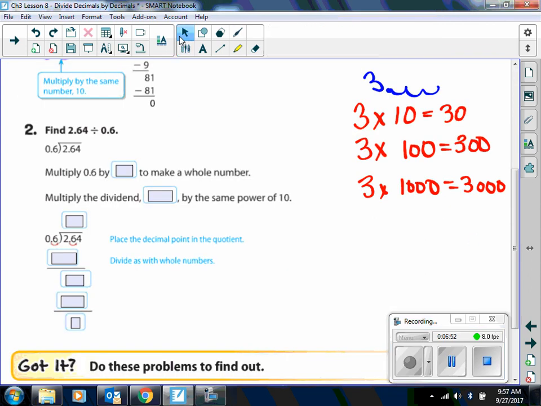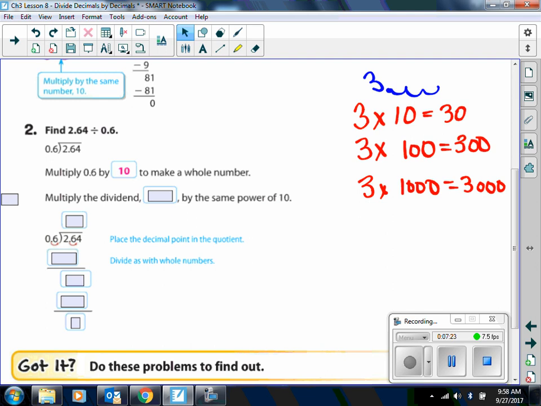So, for example 2, it says 2.64 divided by 0.6. 2 64/100ths divided by 6/10ths. So, we've got 2.64 inside the house and 0.6 on the outside. Now, we want to multiply the 6/10ths times a power of 10 to make it a whole number. So what am I going to multiply? How many times am I going to move that decimal? 1 time, so that means I'm multiplying times 10.